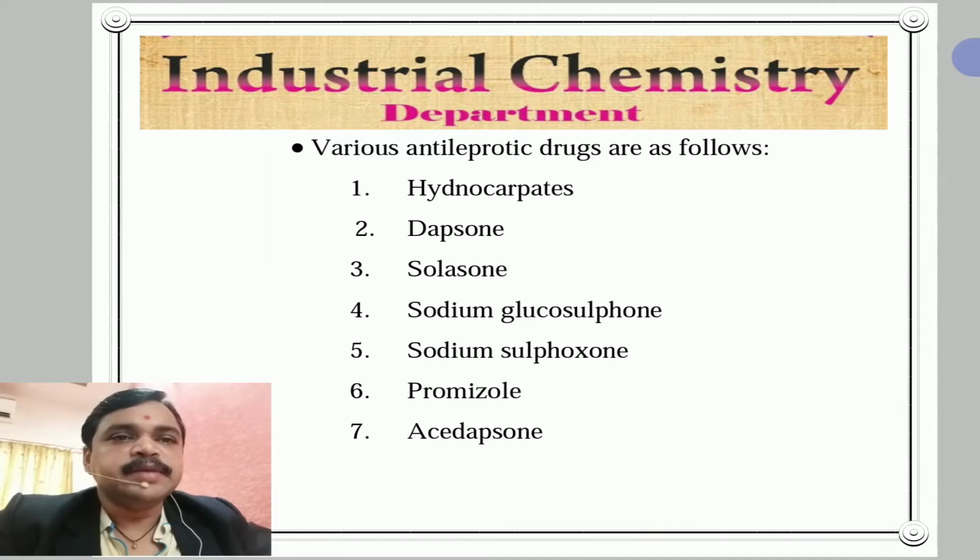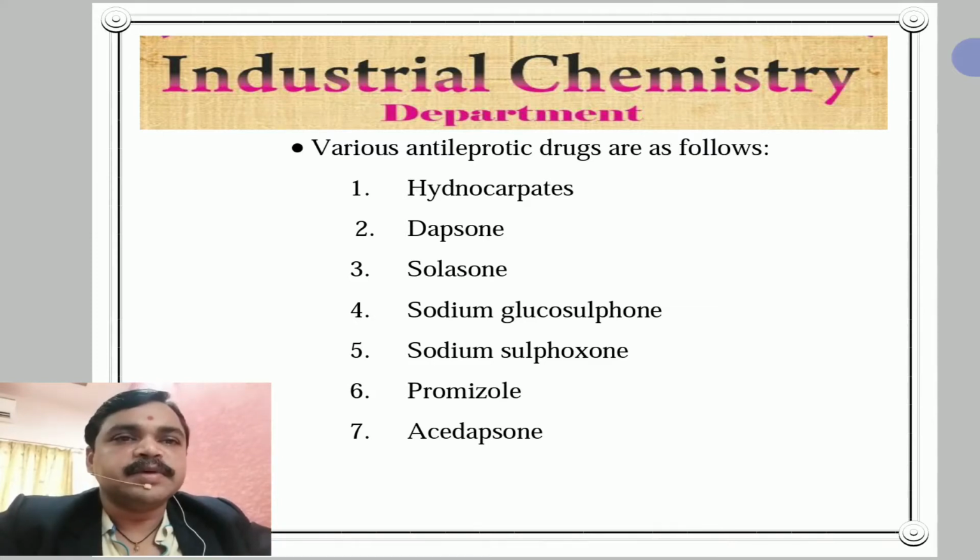Here is a spelling mistake: the P is not in the spelling. So number 3 is solapsone. Number 4, sodium glucosulfone. Number 5, sodium sulfoxone. Number 6, promizole. And number 7, acedapsone.